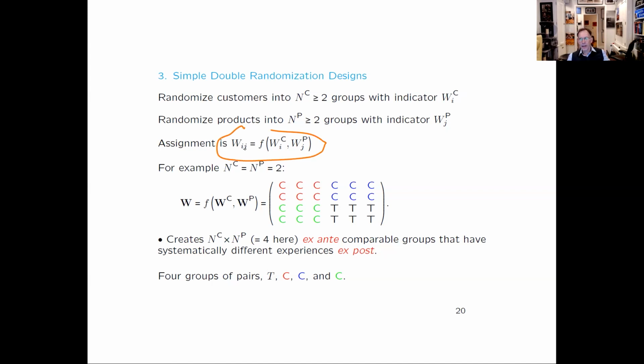And so the simple example that I've used before, and I'm going to focus on most of the time, is this case where there's 2 groups for the customers and 2 groups for the products, and only the selected customers and the selected products are in the treatment group.